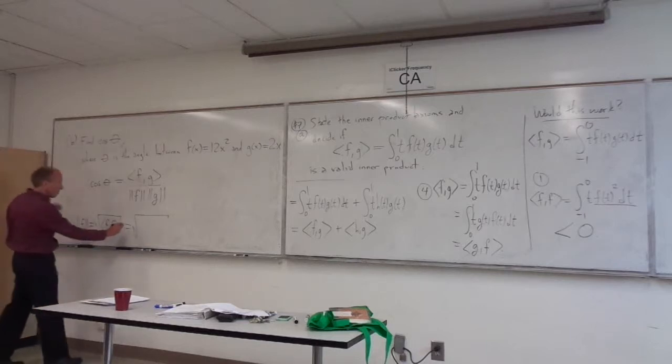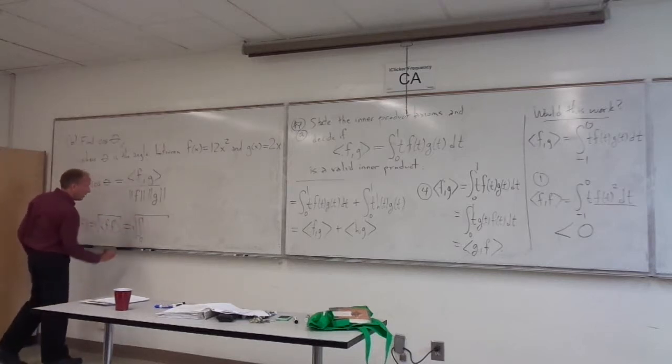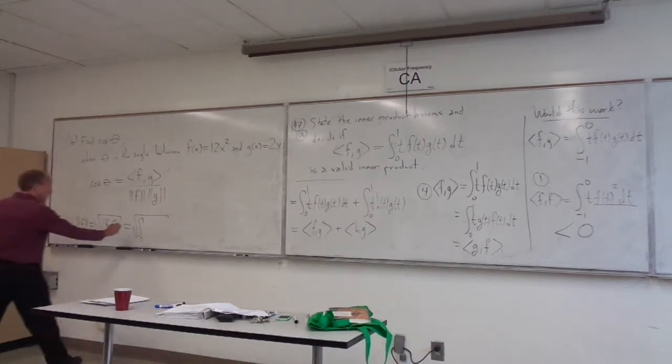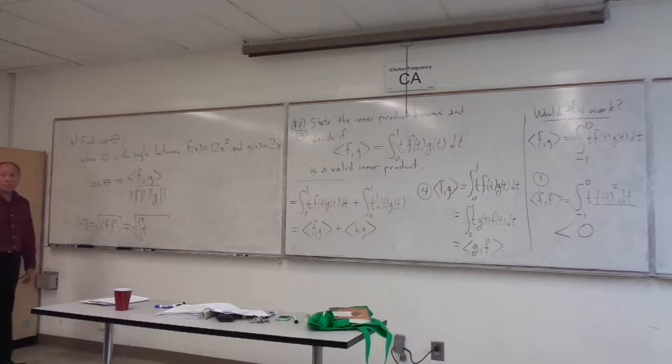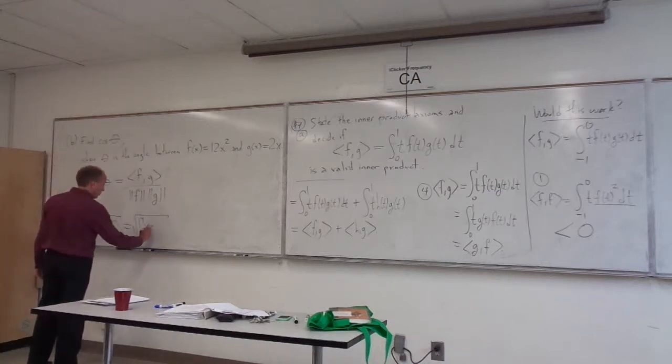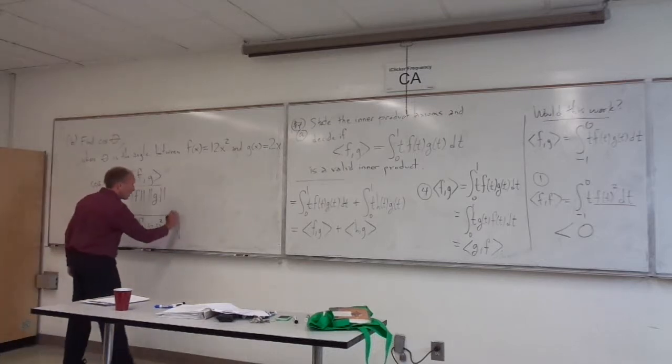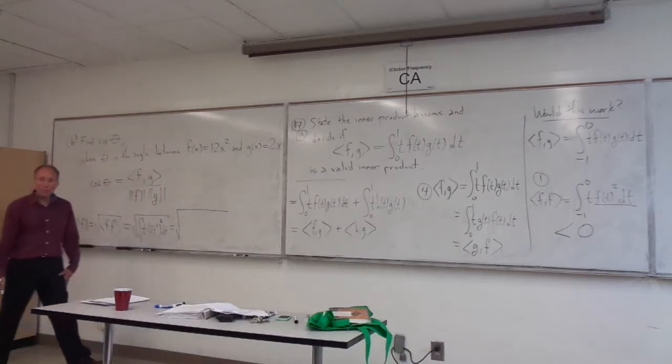So it's the square root of the integral from 0 to 1 of t times f of t squared. So f of t is going to be 12t squared, and I'm squaring that. So all of that is underneath that radical. You're just going to have to carry the square root sign all the way through everything, right?